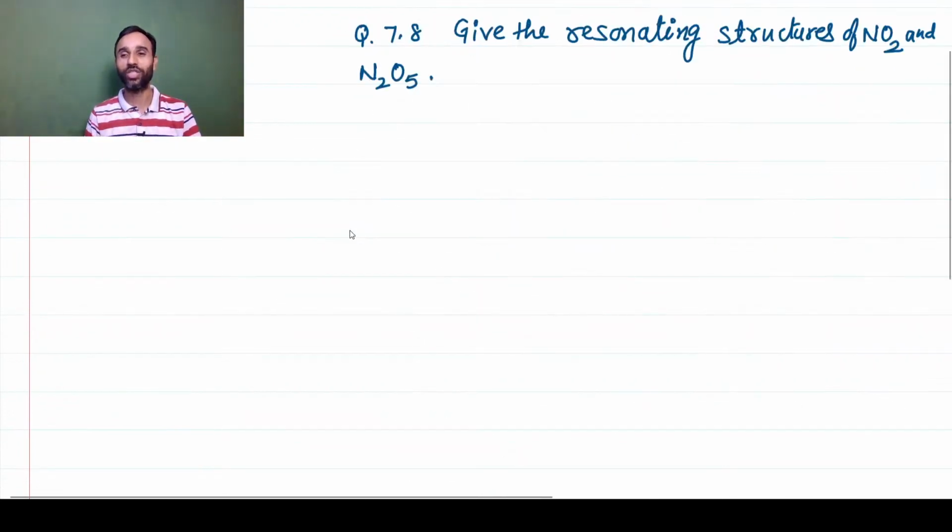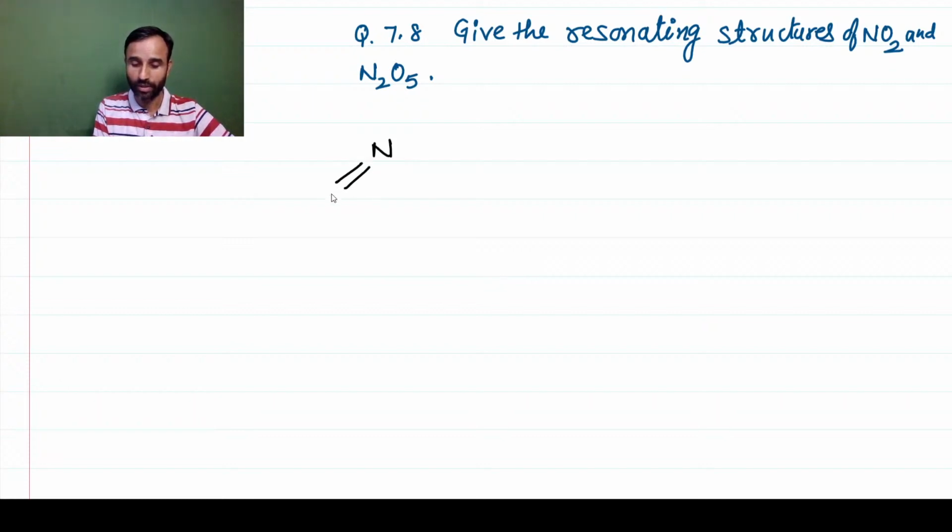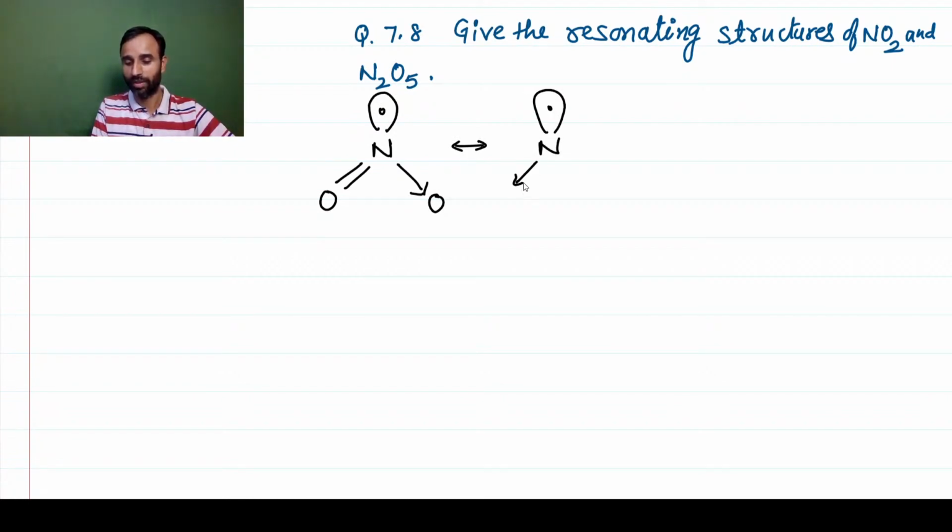Okay, give resonating structures of NO2 and N2O5. So see, NO2 is an odd electron molecule, where the structure is like this. And there is a resonance where the coordinate bond is on the right or left.